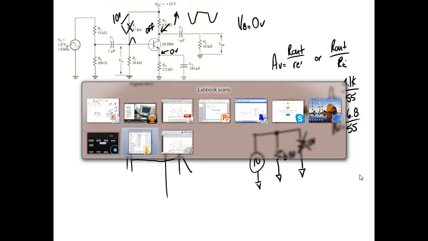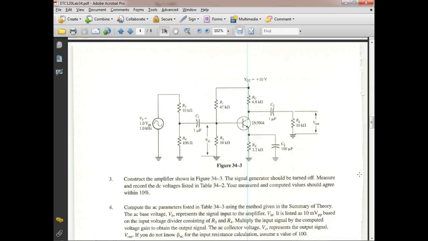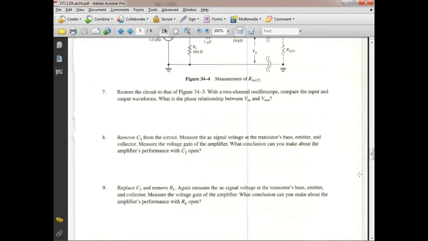Let me bring the lab back up. Replace C2, open it, and measure the AC signal voltage at the transistor's base, emitter, and collector. Measure the voltage gain of the amplifier. So let's measure the voltage gain.